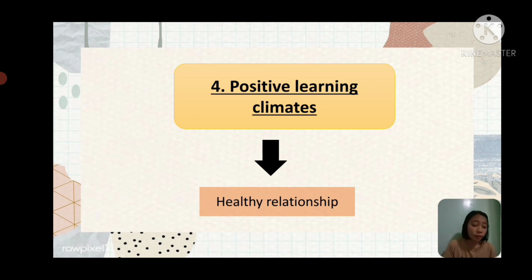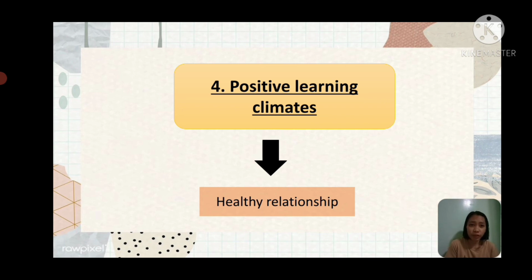Being vulnerable develops trust faster than any other approach. Admitting your mistakes makes you human and makes you more approachable. It also sends the message that it is okay to make mistakes inside the classroom.